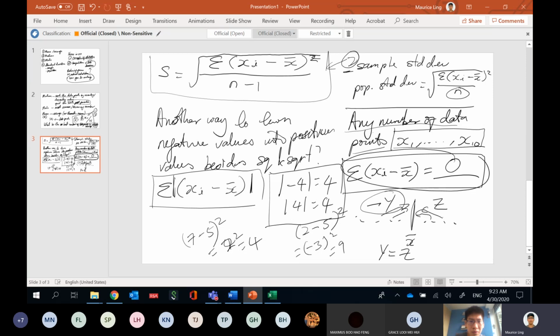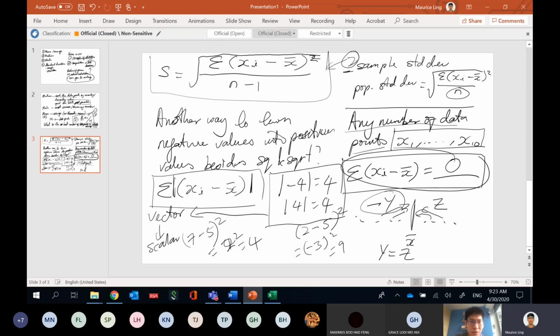If you remember, how many of you never did physics before? Anyone never did physics? Absolute is essentially how you change from a vector quantity into a scalar quantity.